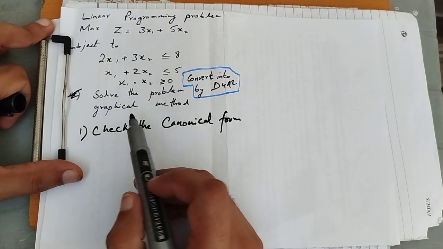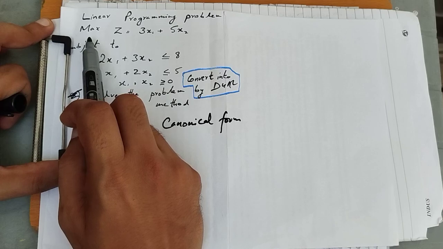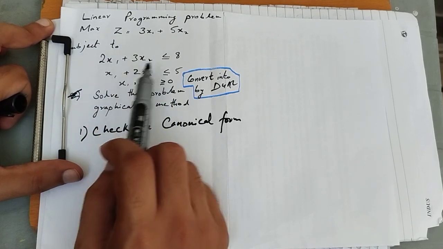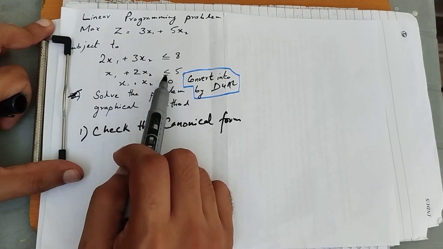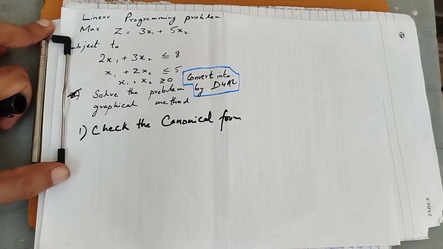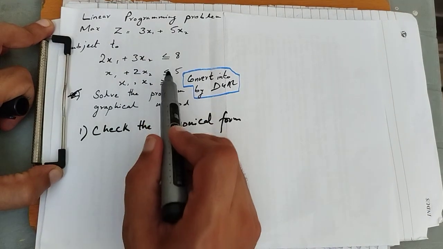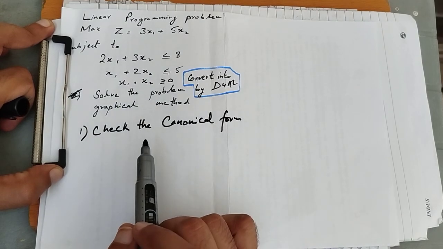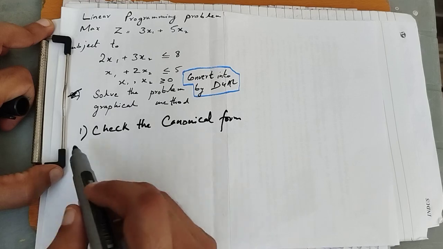So how do we see it? In the maximization function, the objective function, the inequalities must be less than. You see both inequalities are already less than, so it is in the canonical form. Let's move ahead.